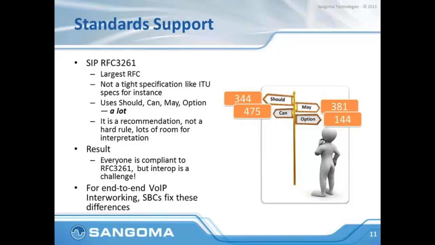Because you have many choices in SIP, as an engineer you can make all kinds of decisions. One illustration we have here is that words like should, can, may, and option show up a lot in the RFC documents, which suggests you have interpretations and can make decisions while still meeting those requirements, but it doesn't mean your SIP equipment talks to the other SIP equipment.